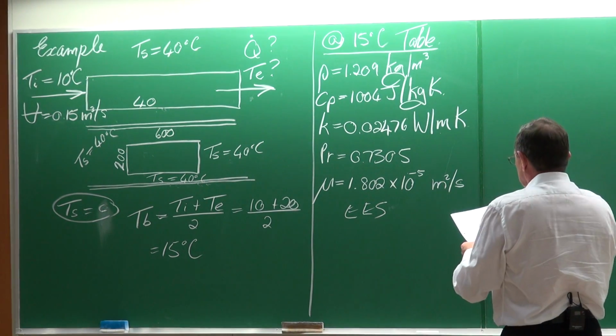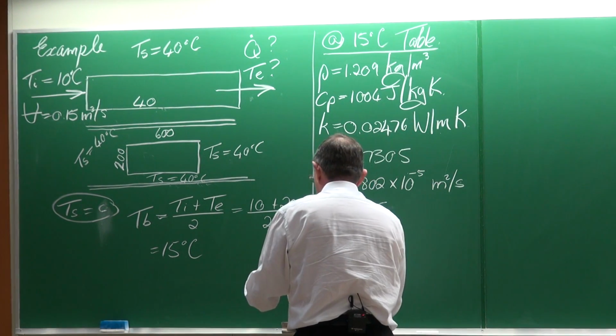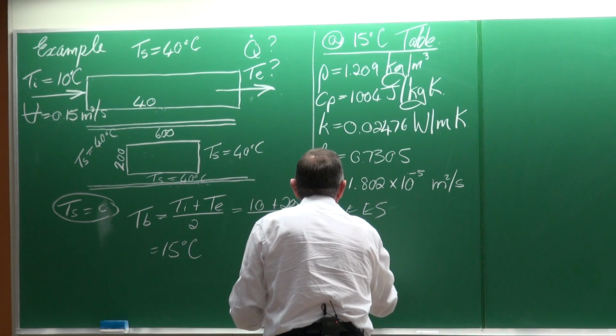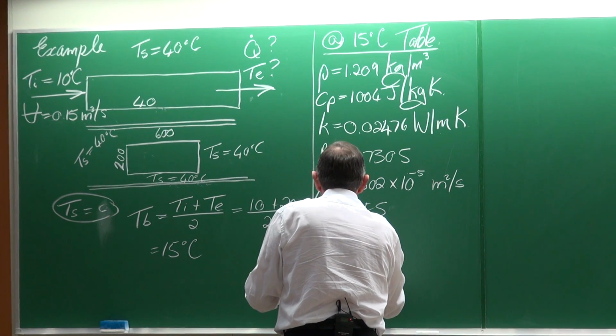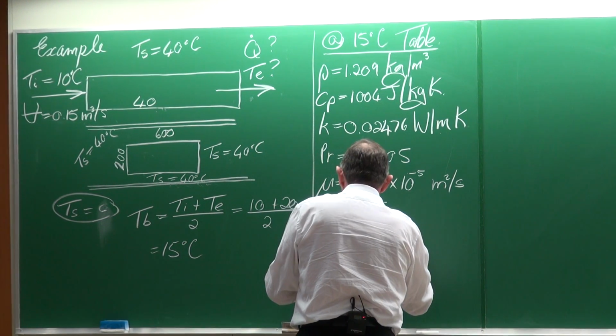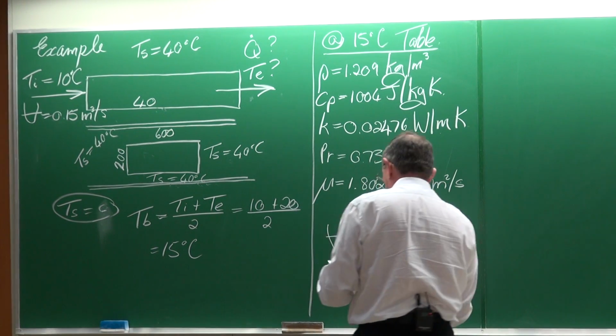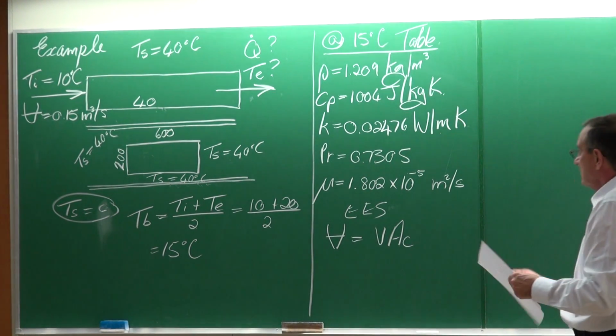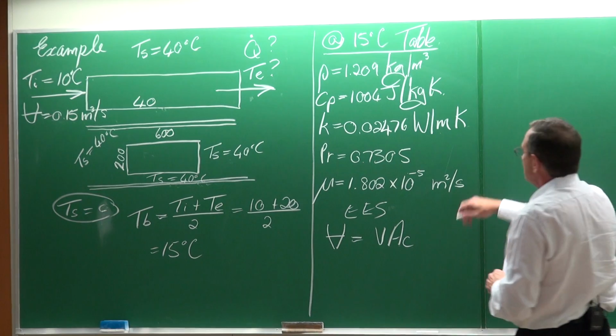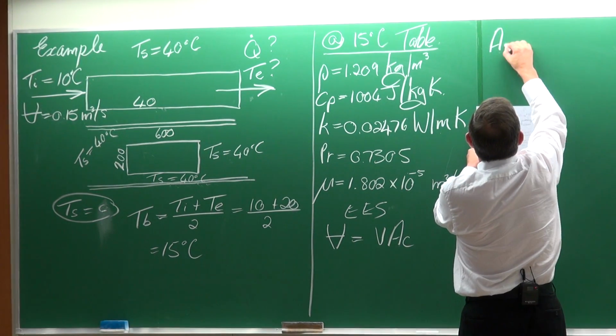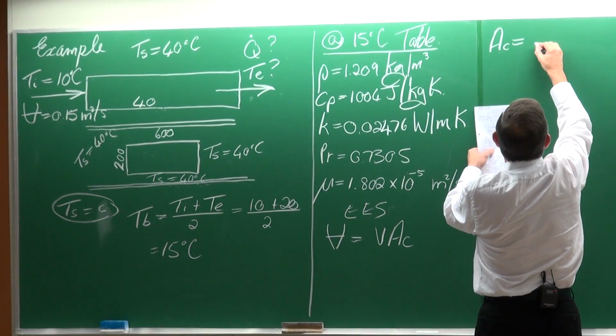Right. Let's also look at the volume flow rate. The volume flow rate is equal to the velocity multiplied by the cross-sectional area. So we see that we're going to need the cross-sectional area. So let's calculate the cross-sectional area.